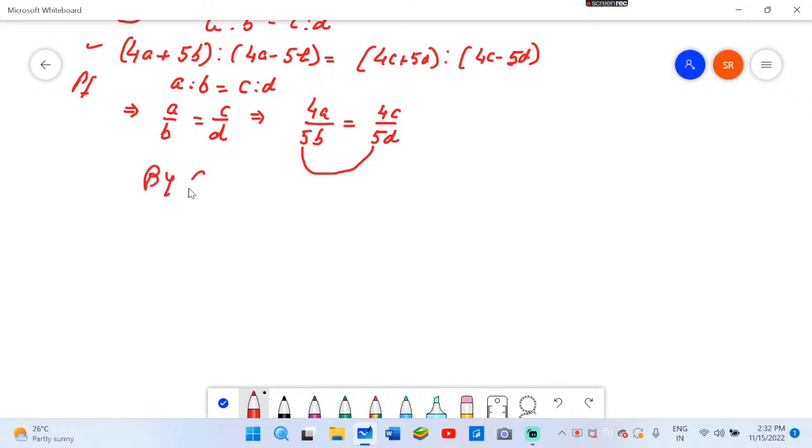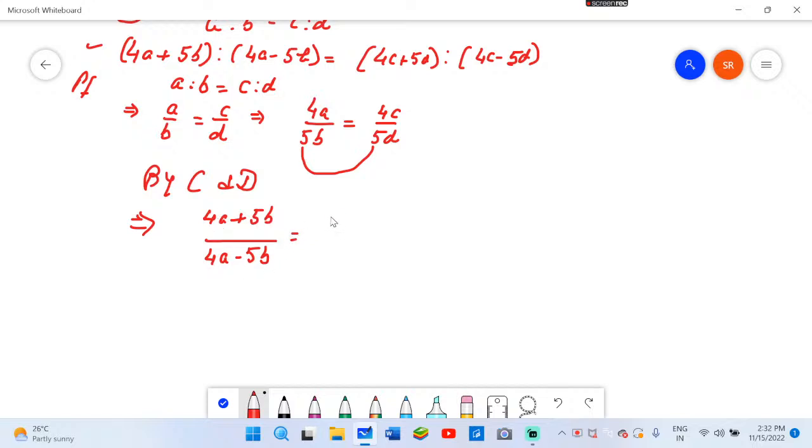By componendo and dividendo, the property says on the top side add numerator and denominator: add these both, 4A plus 5B. On the bottom side subtract both, 4A minus 5B. How to subtract? Top plus bottom, top minus bottom.